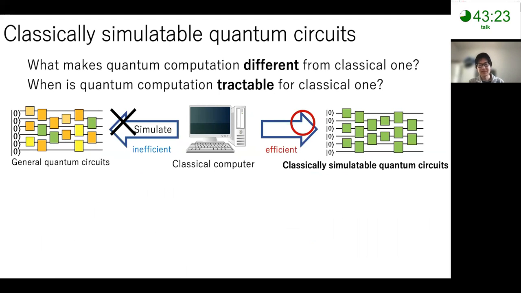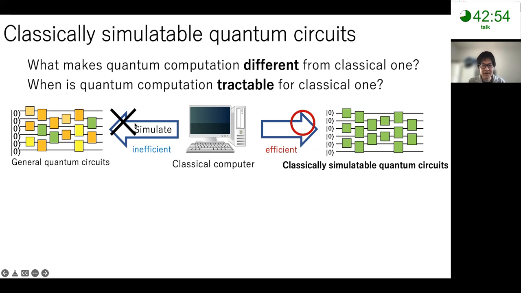So there is a very natural question about quantum computation. As I said before, a quantum computer can solve hard problems for classical computers. So the natural question is, what makes quantum computation different from classical computers? Accordingly, when quantum computation is tractable for classical computers is also an important problem.